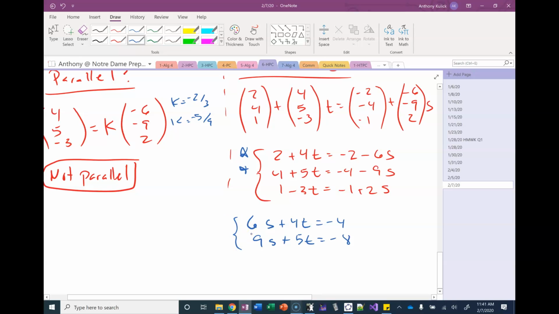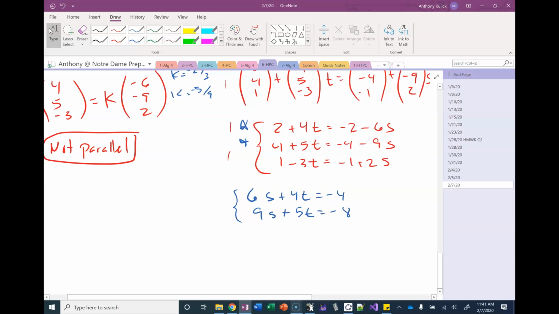Everybody happy there? I'm going to solve this system now by creating a matrix. You could solve it by hand too if you wanted to. Somebody asked that in the last class, but I like to use the matrix when possible because it's kind of foolproof.